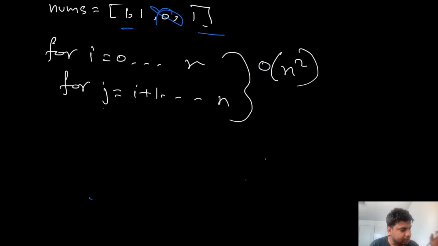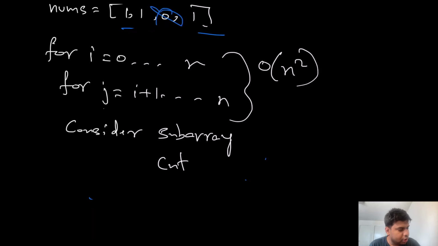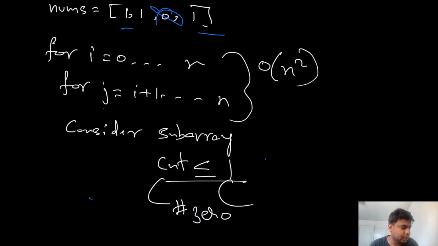After that, consider the count, which is nothing but the number of zeros in the current subarray. Consider all the subarrays where the number of zeros is less than or equal to 1, and record the size of the window minus 1 for all of them.